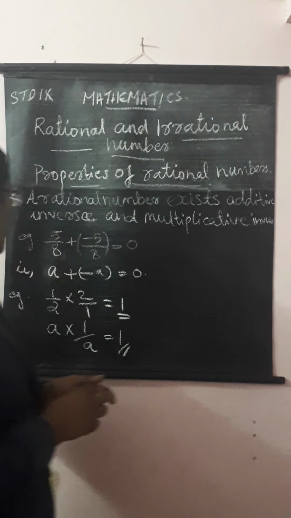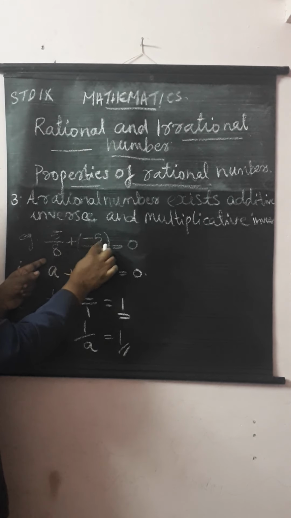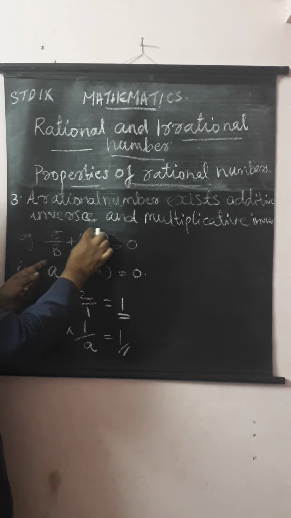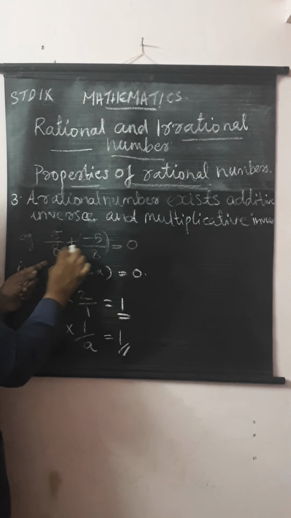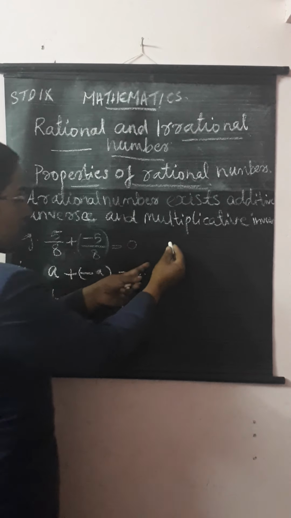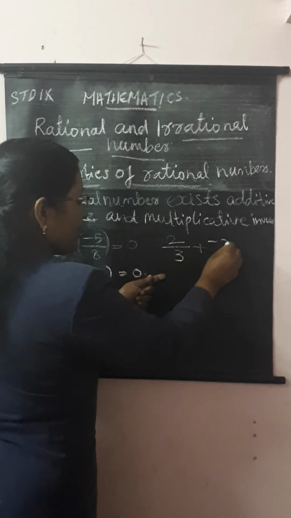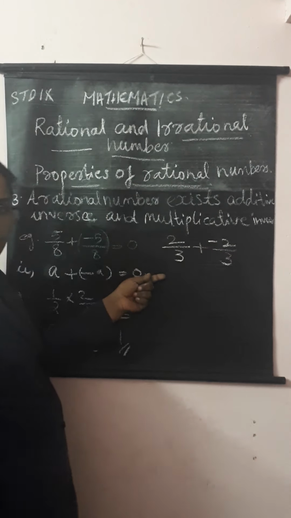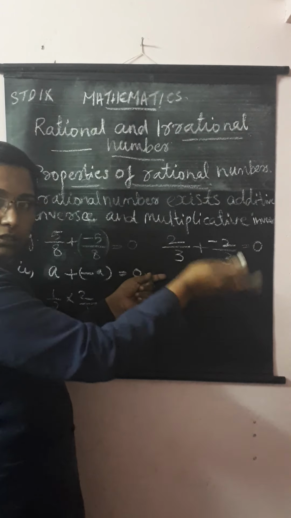For example, here you see 5 by 8. We add minus 5 by 8. This is the additive inverse of 5 by 8, and the result becomes 0. Suppose 2 by 3 plus minus 2 by 3. When you add this together, it will become 0. Take the LCM and you know.